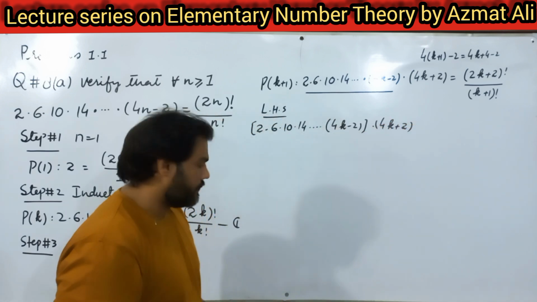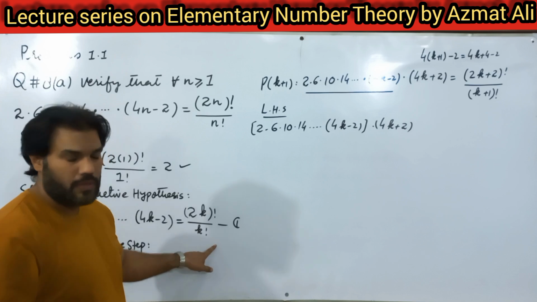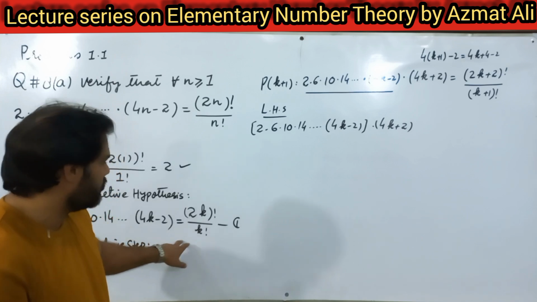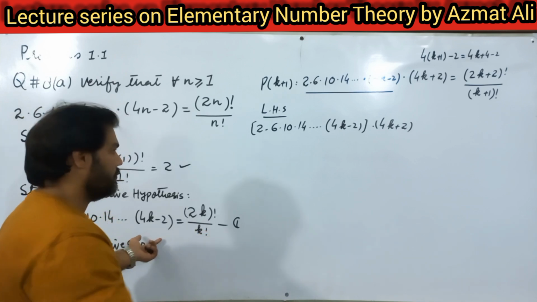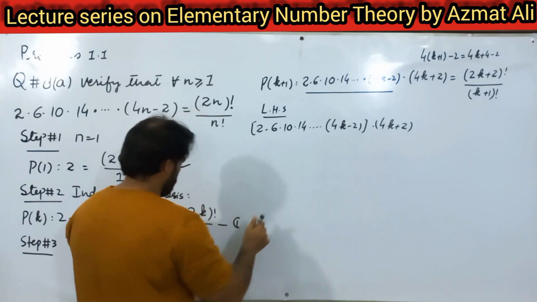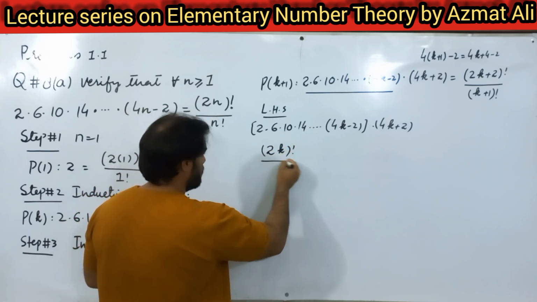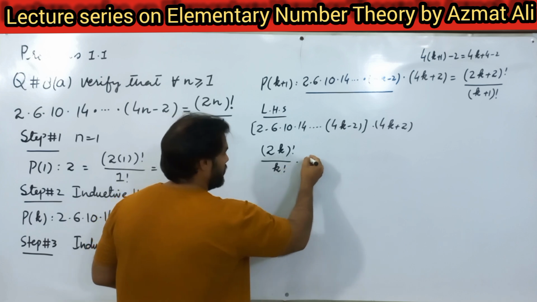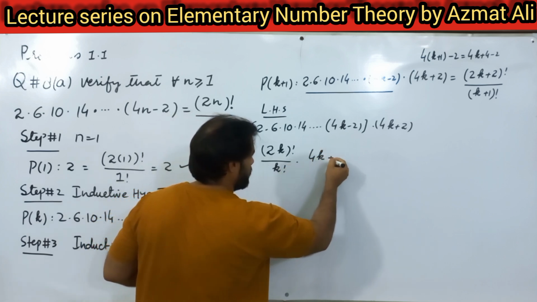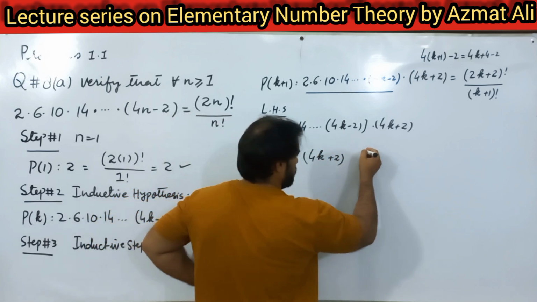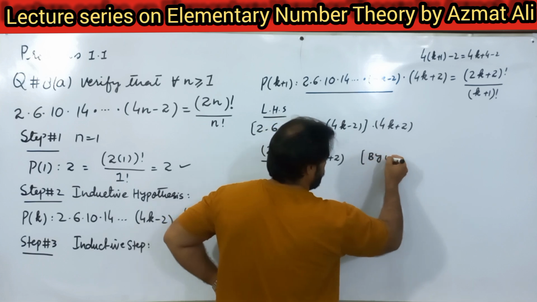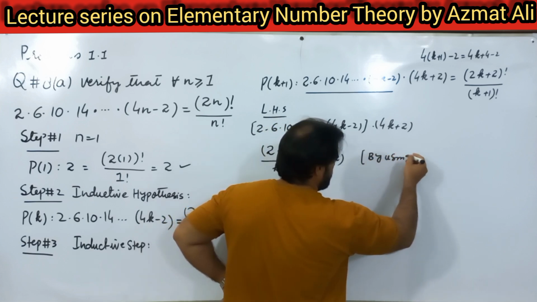By using the truth of statement for n is equal to k and replacing this product is equal to 2k factorial over k factorial into 4k plus 2, by using 1.